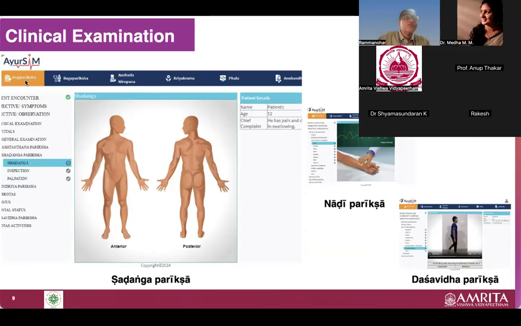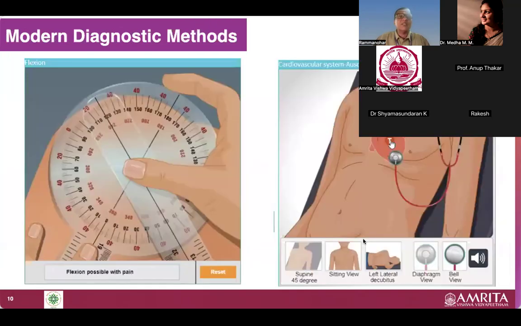So when you choose each tab, the horizontal tab, the vertical tabs will change, and then you will be shown various interfaces where you can interact with the patient, and that will be displayed in the central part. And then you have some other information on the right extreme. So in this way, an interactive module has been created. So here are some images of how the AyurSIM platform looks when you interact with it.